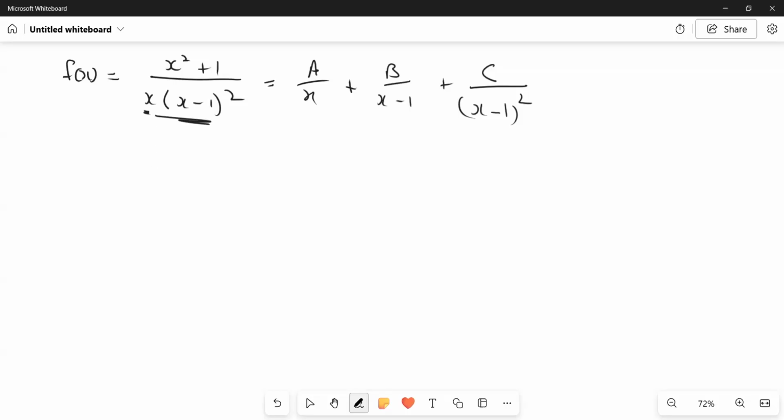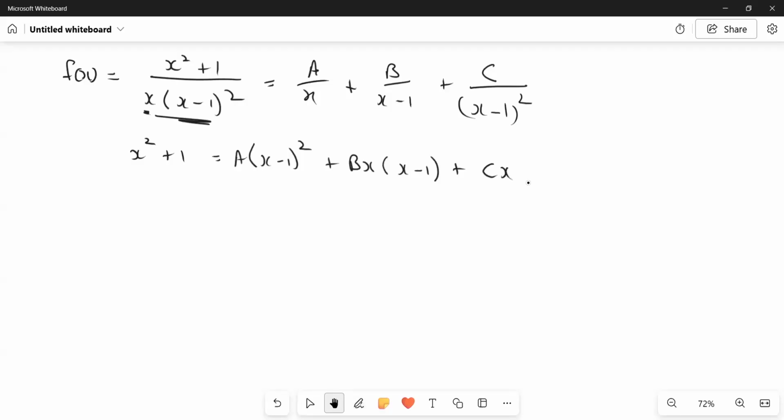And you will end up with x squared plus 1 is equal to A(x minus 1) squared plus Bx times (x minus 1) plus Cx, right?